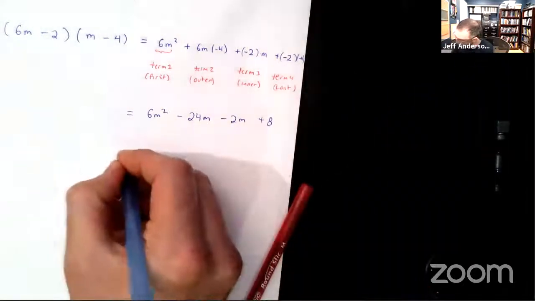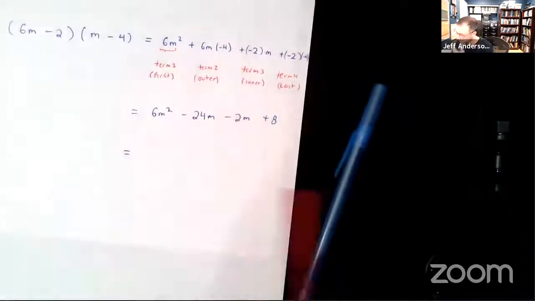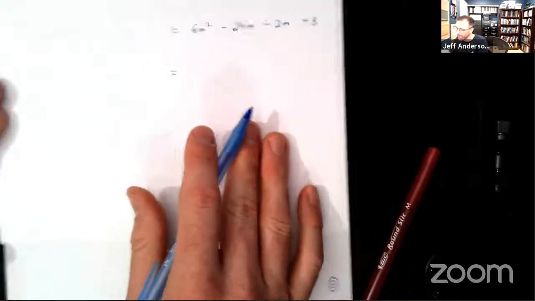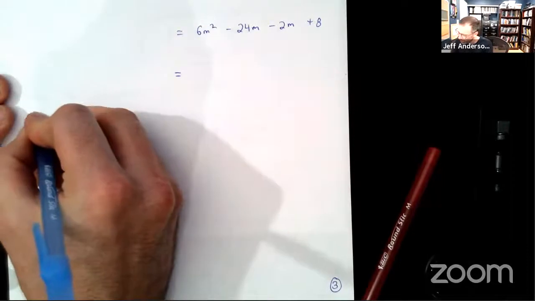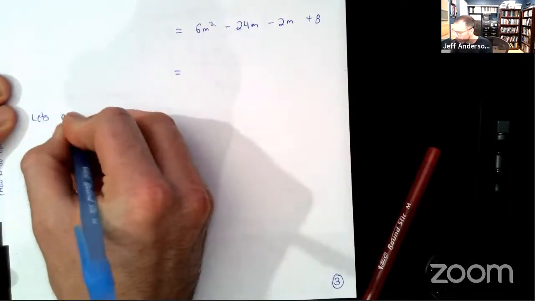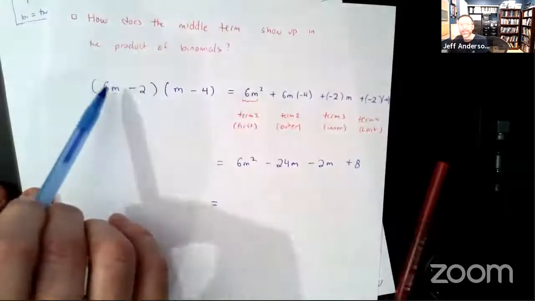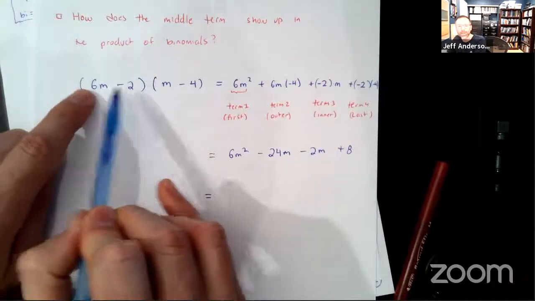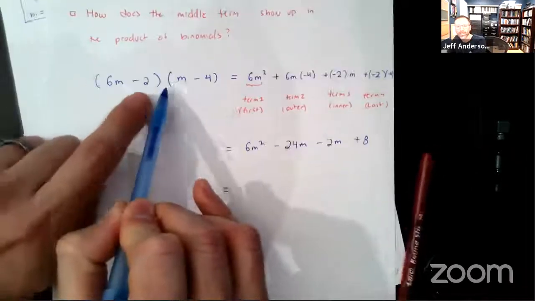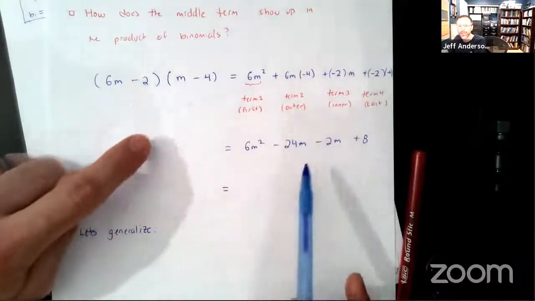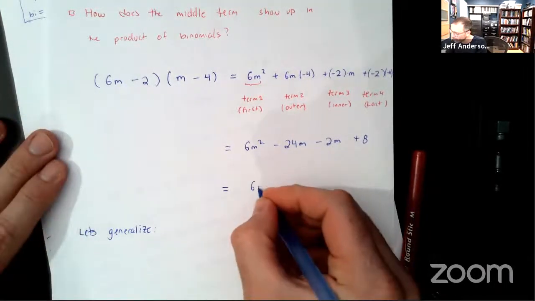When we combine like terms, I actually kind of need some structure here. So let's generalize. We're trying to figure out what the pattern is between the first 2 terms here, the second 2 terms here, and the combined like term structure.